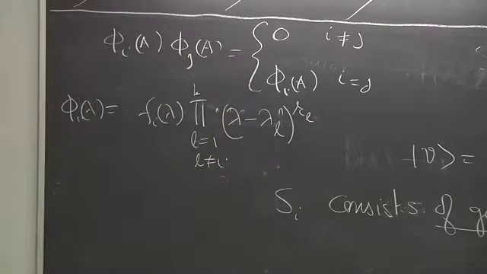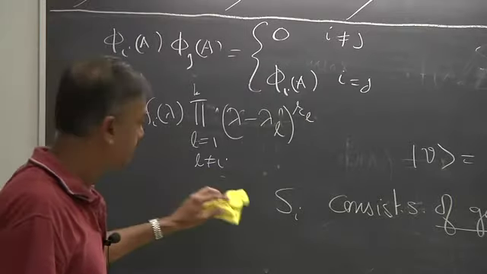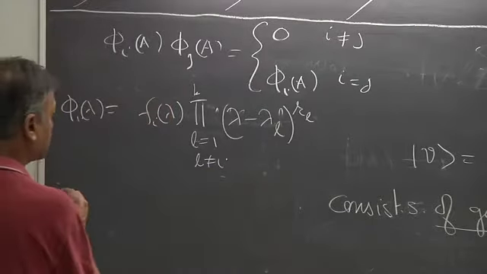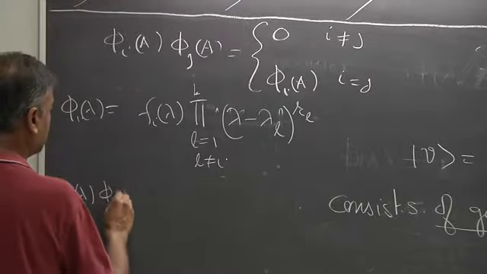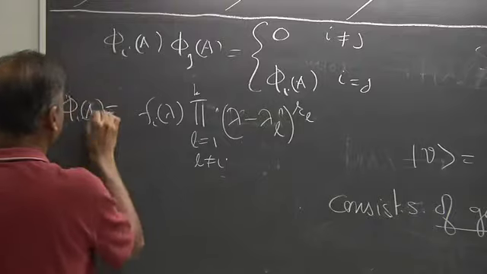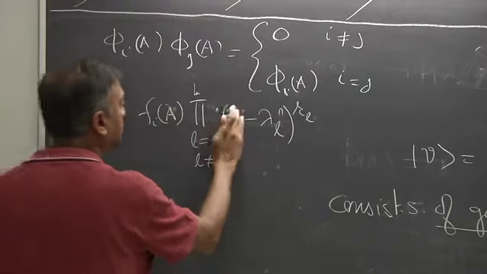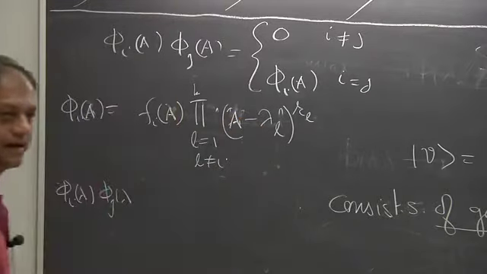That was the form of phi_i(lambda). So now if I take phi_i(lambda) with phi_j(lambda), then phi_i(A) will just simply become that, where you replace all the lambdas by A.